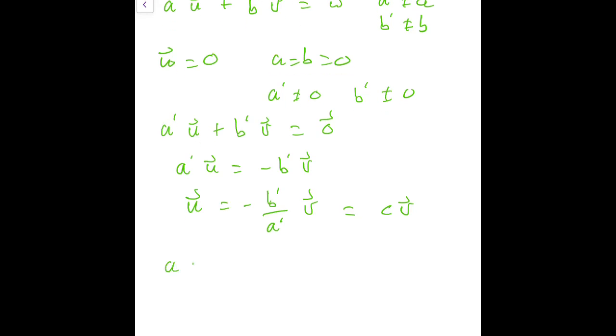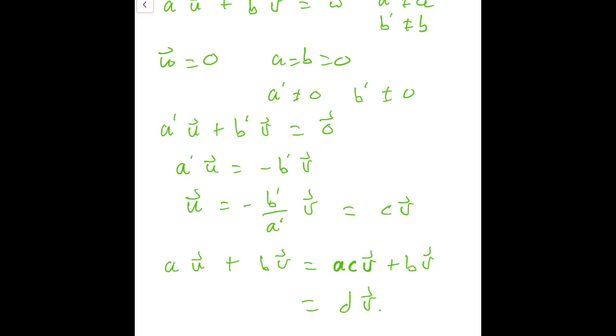Any linear combination of U and V, so AU plus BV, since U is equal to C times V, really this is just equal to A times C times V plus B times V. In other words, this is just equal to some other constant, let's say D times V. Okay, so what does this tell us?